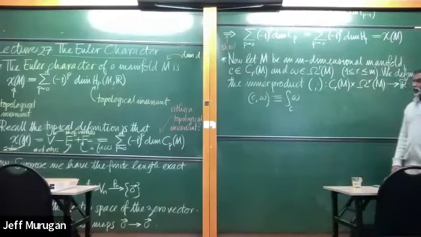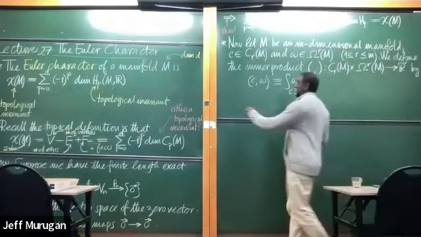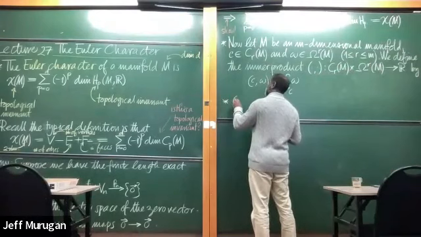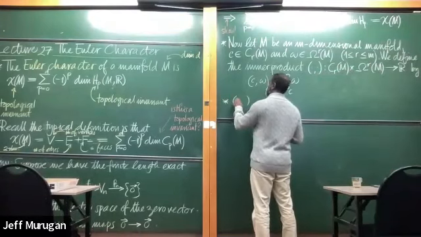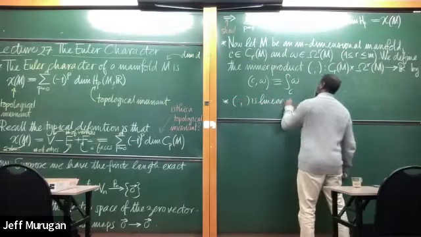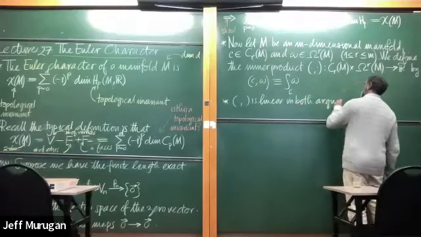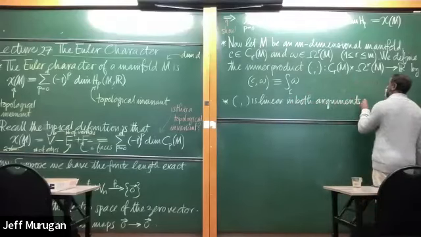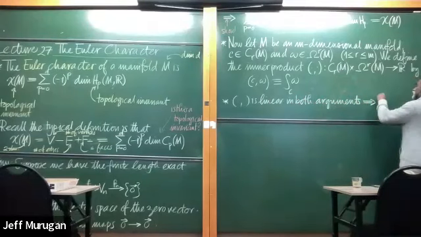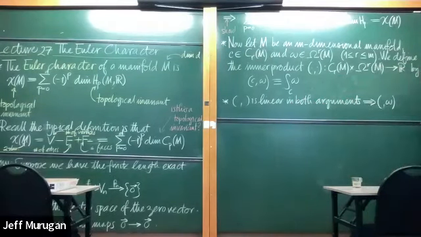Clearly, this inner product is linear in both of its arguments. Means that I can think of this as a linear map acting on C and vice versa.